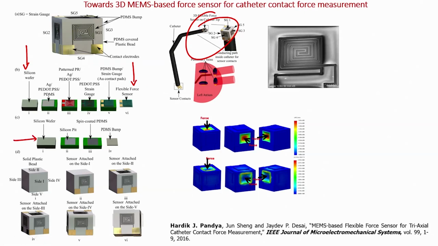Second is from silicon wafer to PDMS bump, right, and then we are taking a plastic bead here and attaching sensor on each side of the plastic bead.